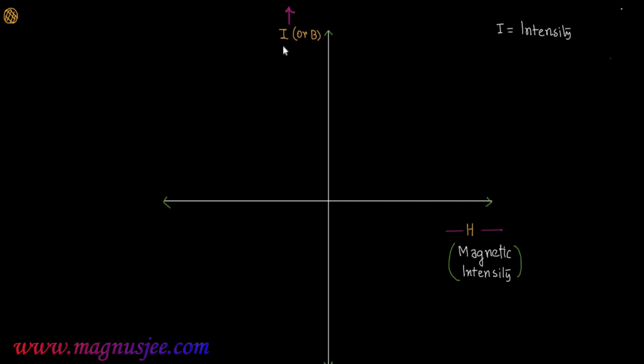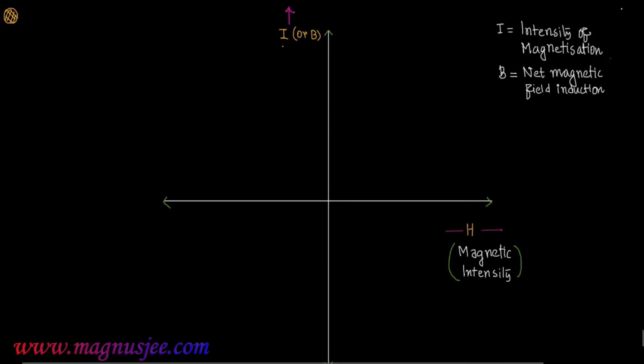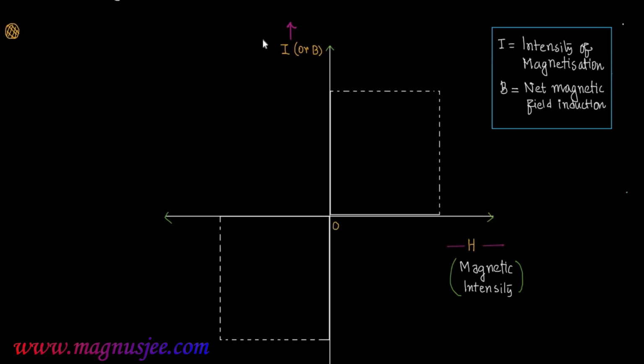Here I is equivalent to intensity of magnetization, which is plotted along the y-axis, and B is equivalent to the net magnetic flux density in the ferromagnetic substance. And this net magnetic flux density or magnetic field induction can also be plotted along the y-axis.